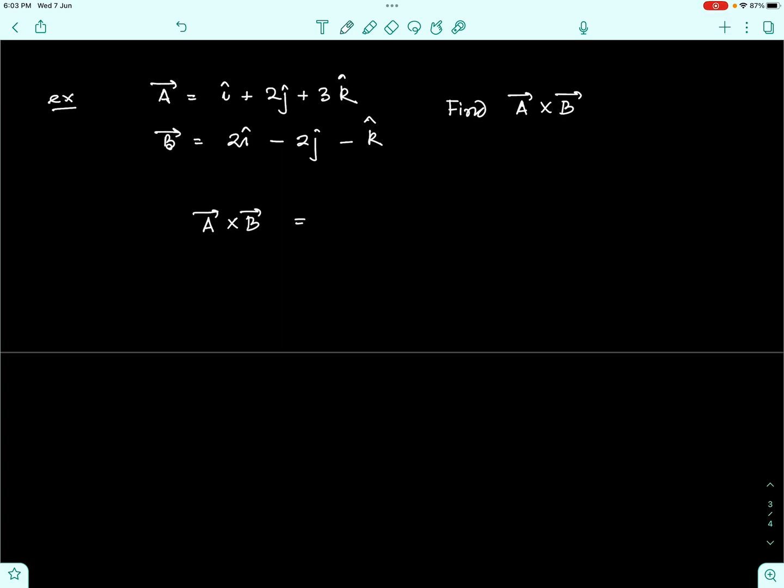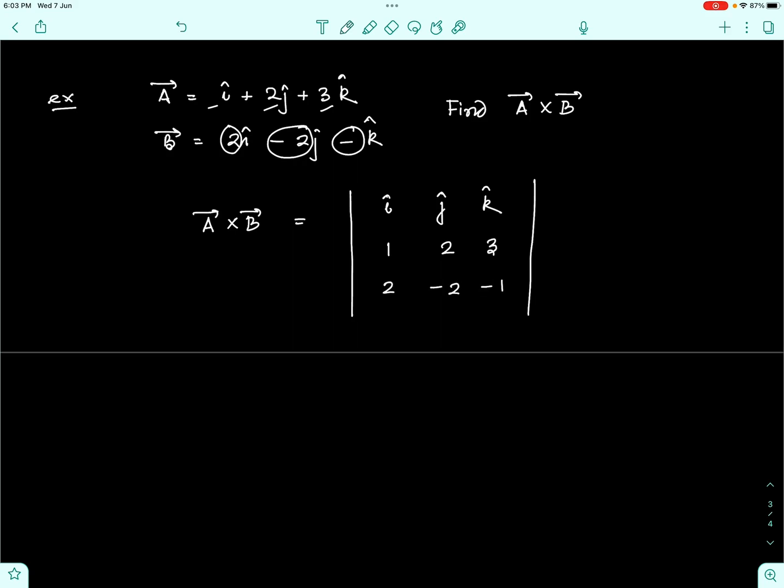We write A cross B by definition: the first row contains I cap, j cap, k cap. The second row contains the components of the vector A, which is 1, 2 and 3. And then the third row contains the components of vector B, which is 2, minus 2 and minus 1.